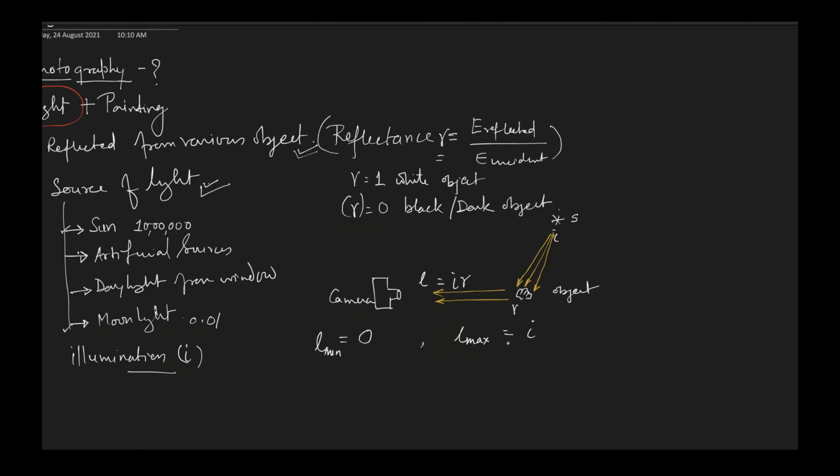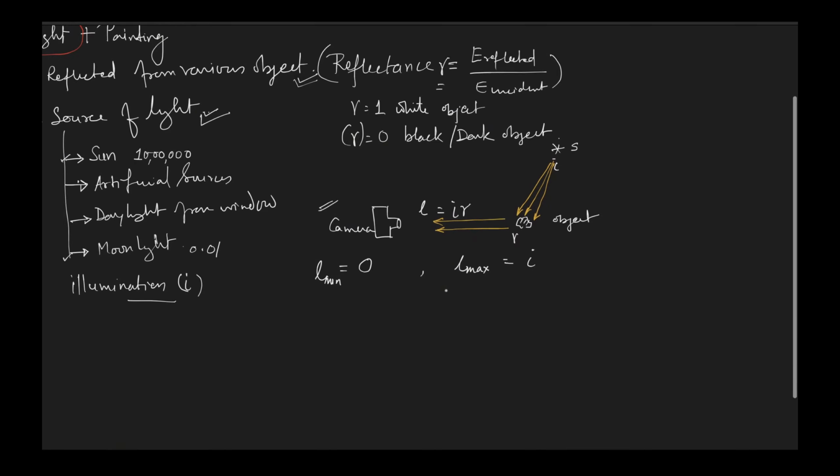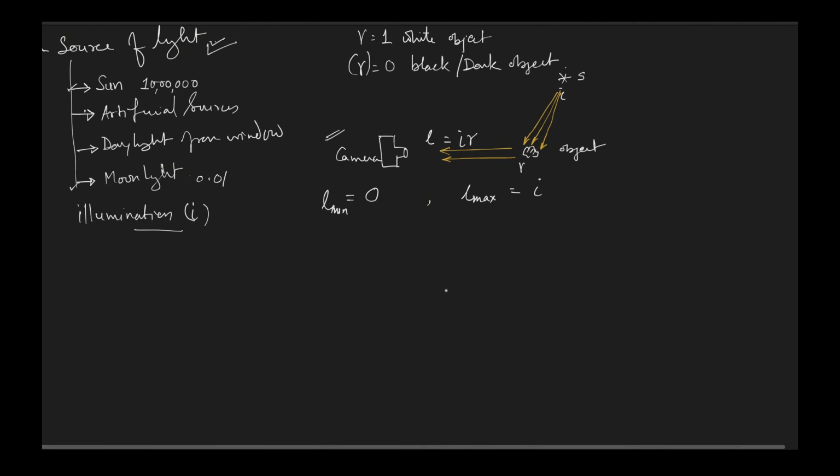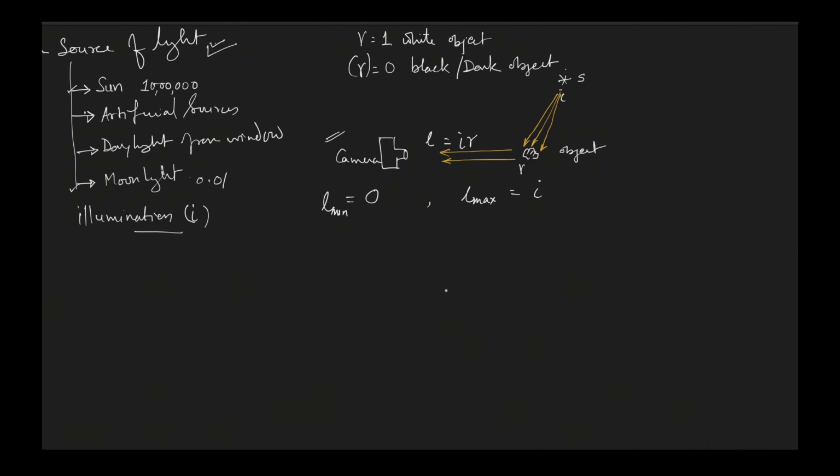Correct? Now, the camera has a challenge. Now, listen to this part very carefully, because this is not often talked about in a DIP course. Camera has a challenge. As you have seen, I value varies from a very small to a very large value.